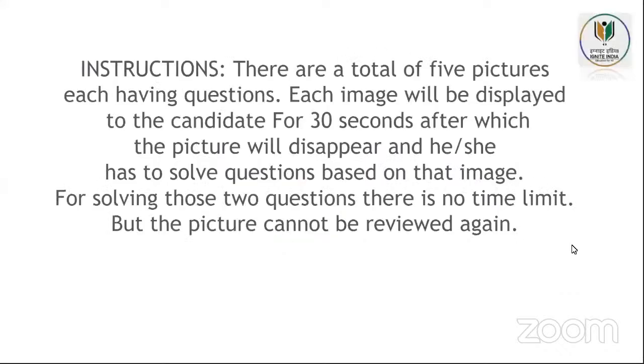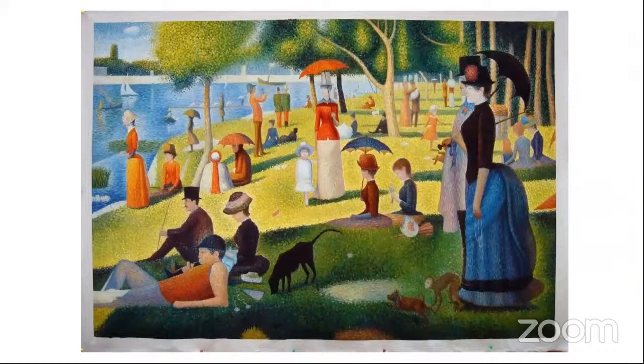So the first question was, how many umbrellas are there, right? So in this, how many umbrellas can we see? 5. So we'll look 1, 2, 3, 4. And then this is the fifth one, right?